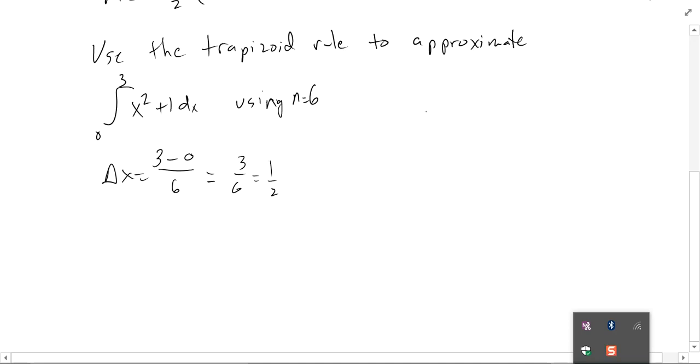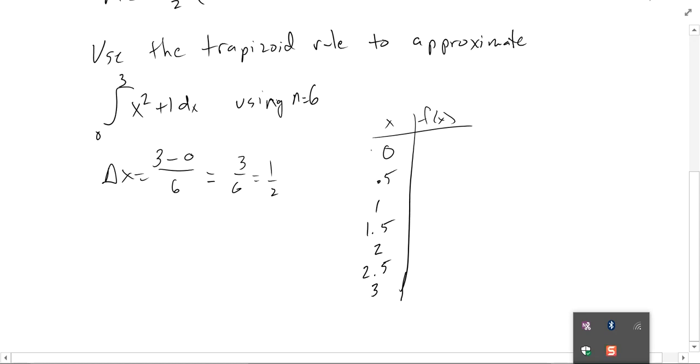Then I want to evaluate the function at every half unit between 0 and 3. So I want to find f of 0, f of 0.5, f of 1, f of 1.5, f of 2, f of 2.5, and f of 3.